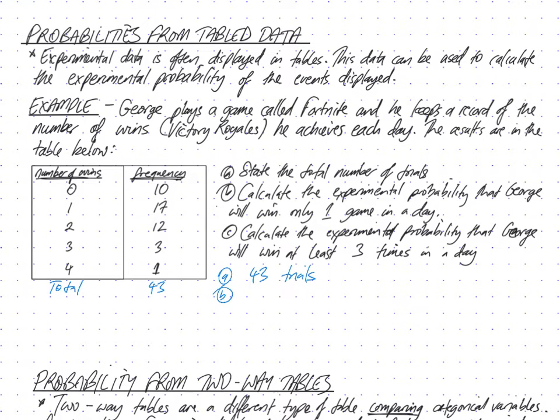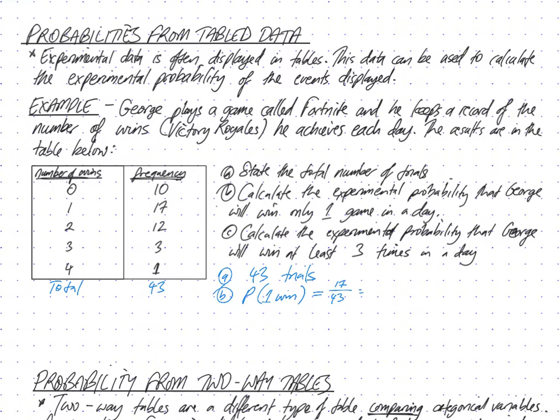B, calculate the experimental probability that George will win only 1 game in a day. So probability of 1 win is going to be equal to the frequency of the thing that I'm interested in, 1 win in a day, 17 times out of the total of 43.